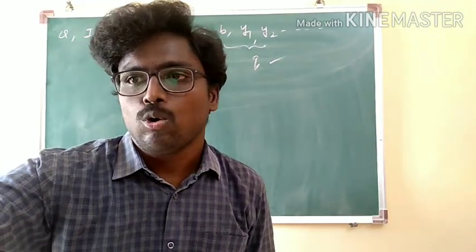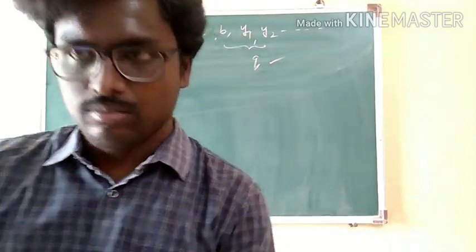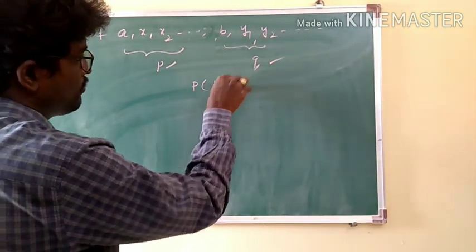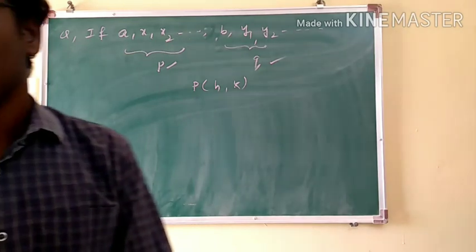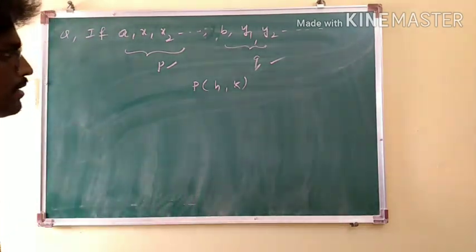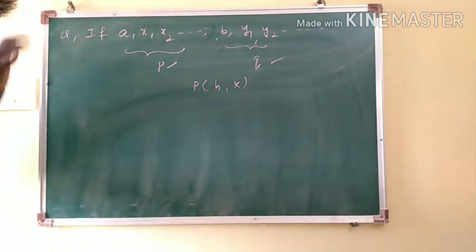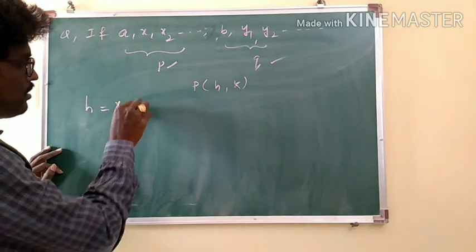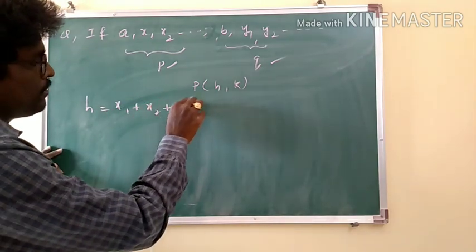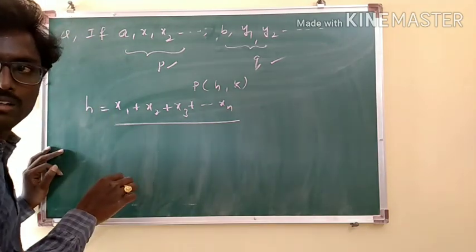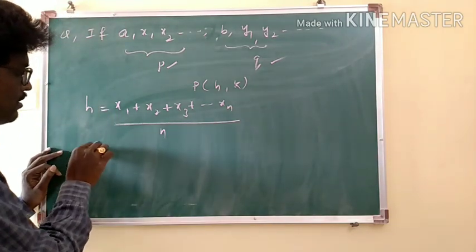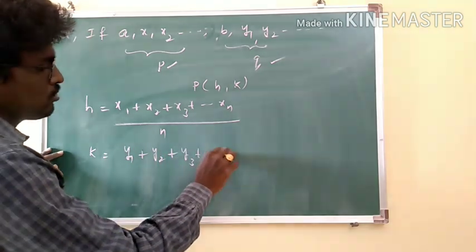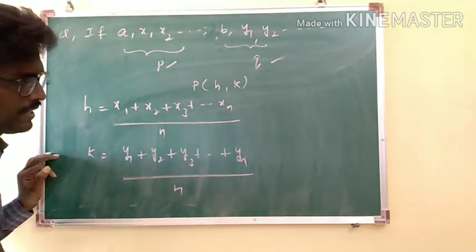Then find the locus of the point (h, k), where h is equal to (x1 plus x2 plus x3 plus and so on plus xn) by n, and k is equal to (y1 plus y2 plus y3 plus and so on plus yn) by n.